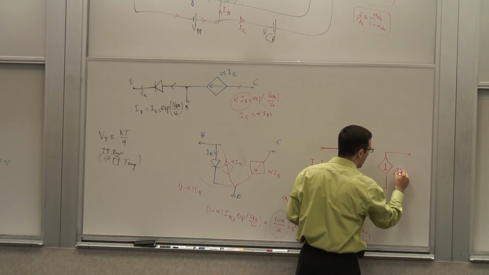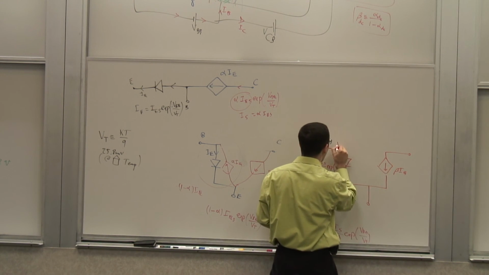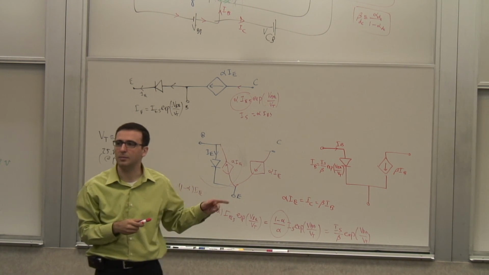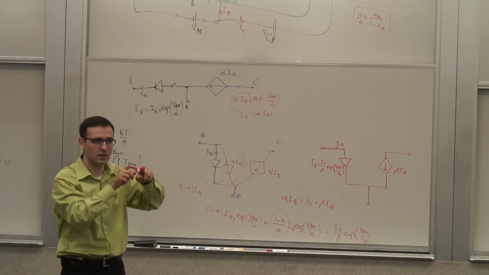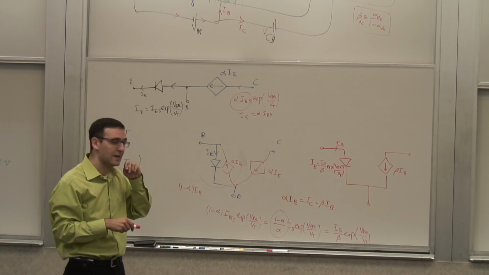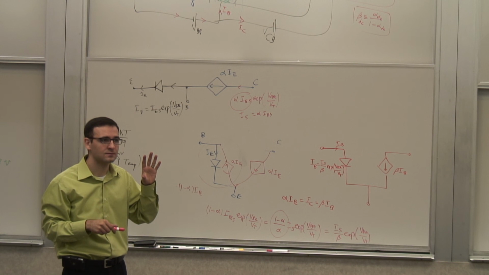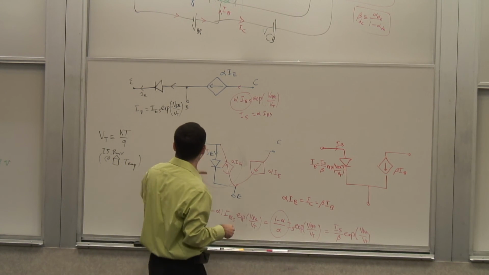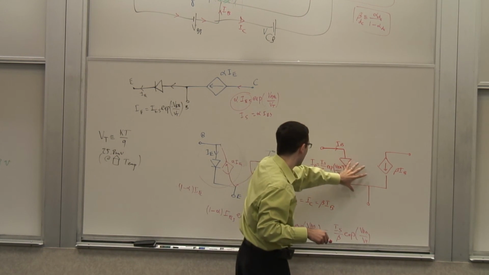So this is simply beta IB. So I can rewrite everything now in terms of IB. And this is called a pi model. Looks like a pi. Right? Now, these two are exactly equivalent. So I can take this any time and replace it with that or vice versa.